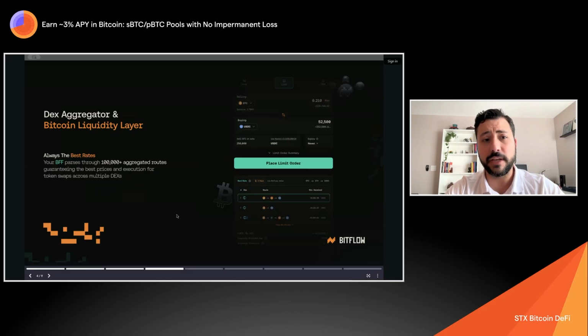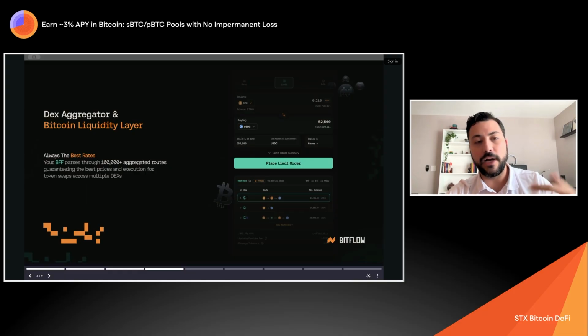The other part is the DEX aggregator and the Bitcoin liquidity layer. As a DEX aggregator, we go through over 100,000 aggregator routes across multiple other DEXs in the ecosystem, liquidity pools such as Arkadiko as well, and we find you the best rate. Our swap allows users to come in and with just a couple of clicks find the best swap rate for their traded assets, right?